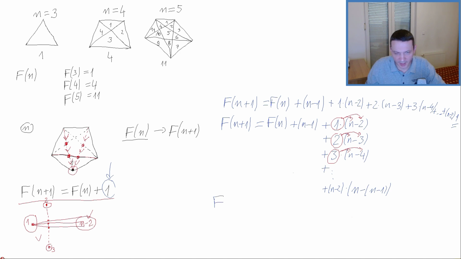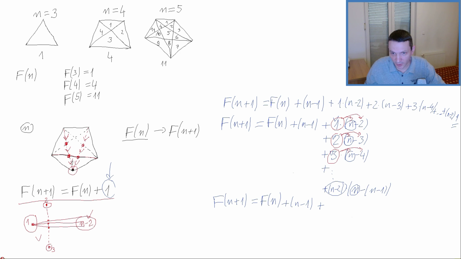I obtain this: f of n plus 1 equal f of n plus n minus 1 plus, so I now multiply 1, 2, 3 until n minus 2, first with the n here in parentheses.